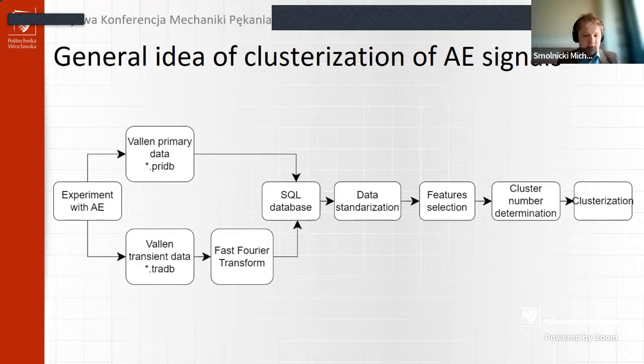Then we need to process the data, have a resultant SQL database, and then we go through a few steps like data standardization, feature selection, cluster number determination, and then in the end we have clusterization. So we split data into groups. And now I will try to go through all these steps, explain them a little bit, and show what we can have in the end.